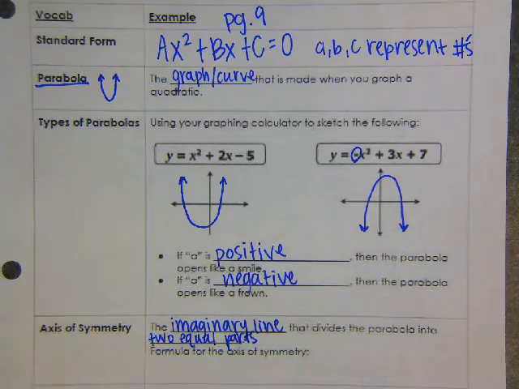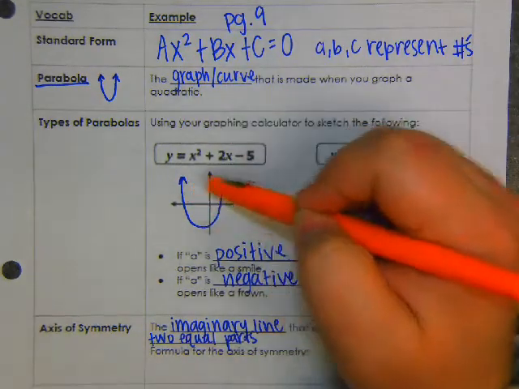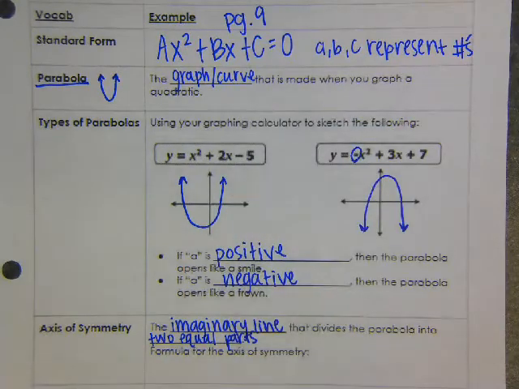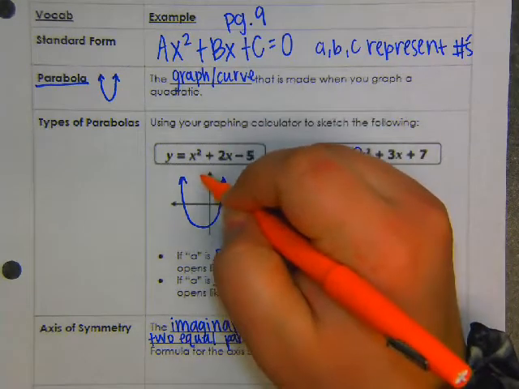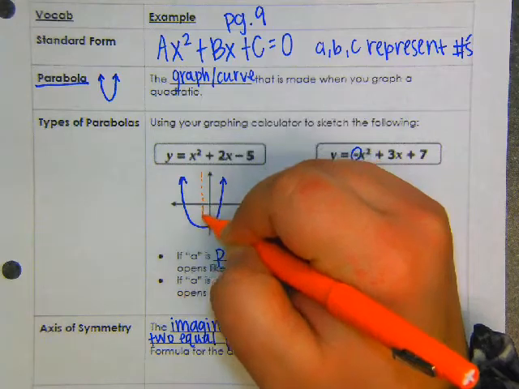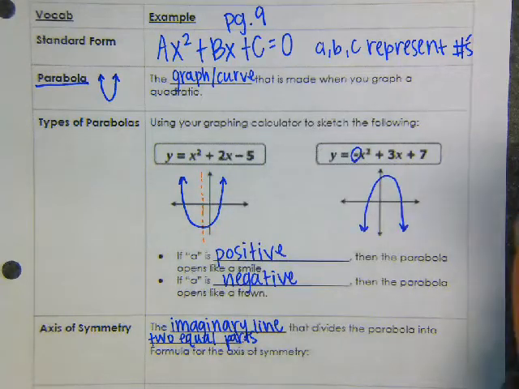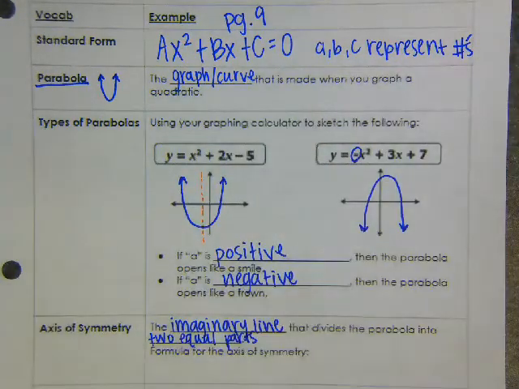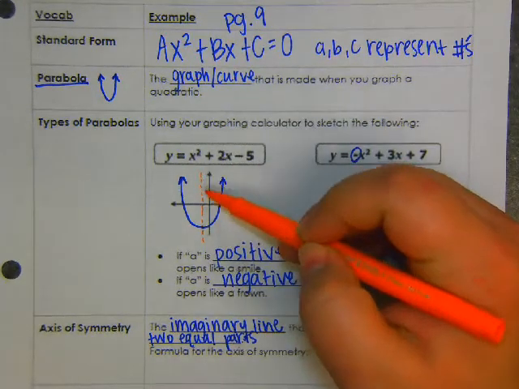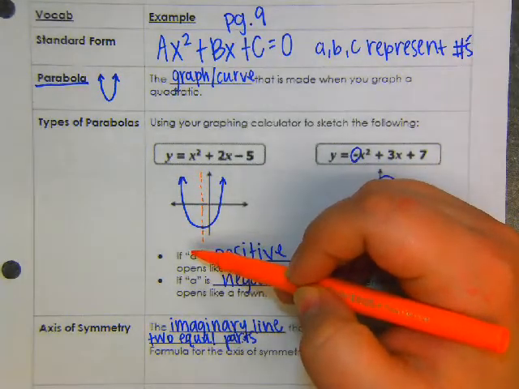So to show you what that looks like on the graph up here, the parabola is in two equal parts, which means when we draw this imaginary line, it splits our graph right down the middle.